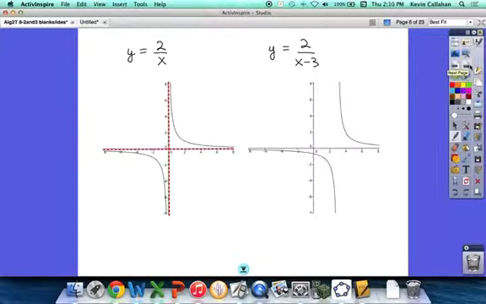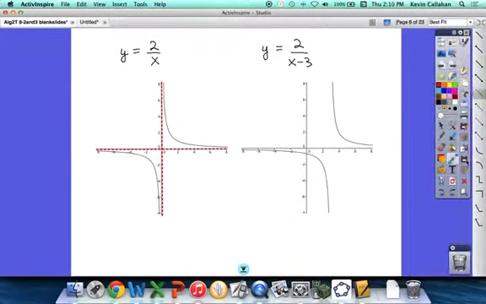Okay, what did it generally do when we subtracted 3 inside? Notice this graph right here: it moved the whole graph right 3. Which asymptote changed? Is it the horizontal one? It took the graph and moved it 3 over. Right, there's the new vertical asymptote.